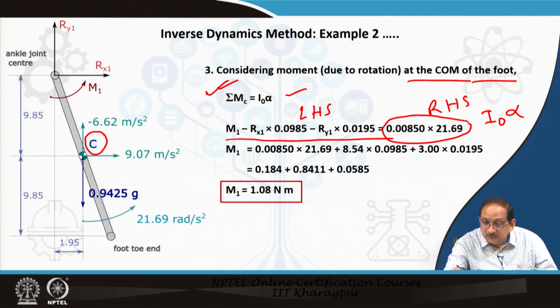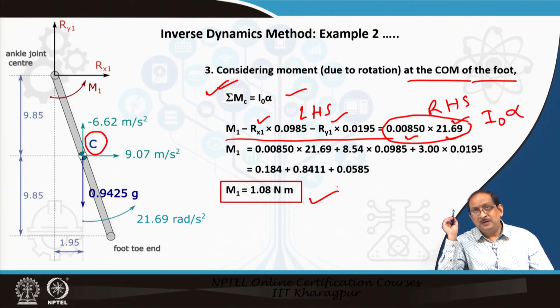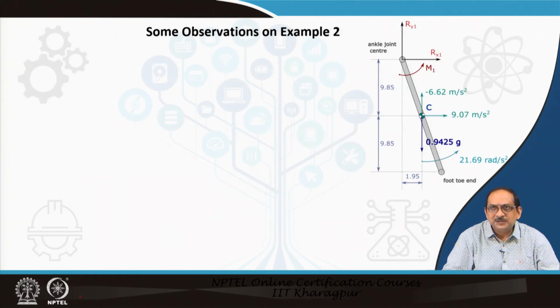So, we put the value of I0, the value of alpha, and the values of Rx1 and Ry1 calculated just earlier, and we can calculate M1 as 1.08 Newton meter.